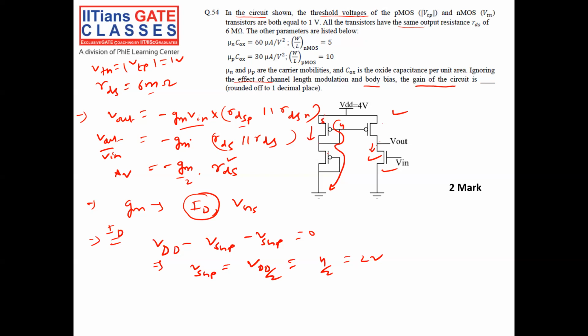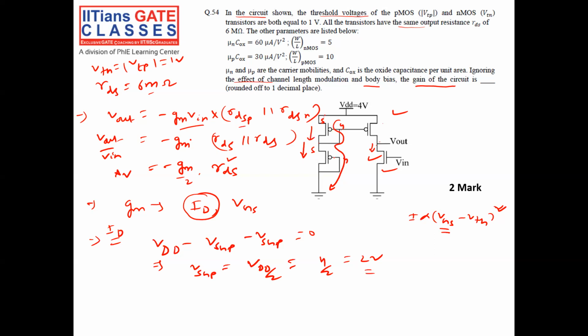Again, this is source of this transistor, this is gate. Since the same current is flowing, and current is proportional to VGS minus VTH square in saturation, there should be the same VGS in the branch. So I applied the same VSGP and the same VSGP. The conclusion is that VSGP is 2 volt.